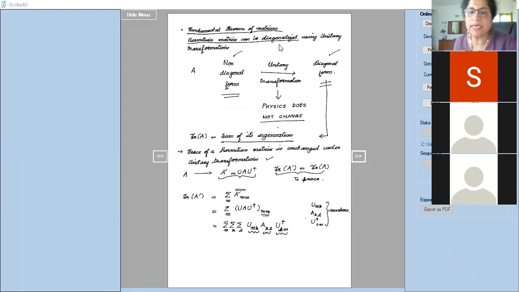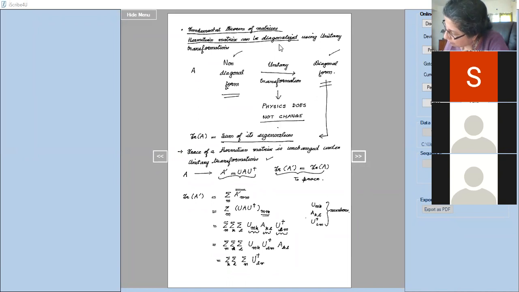I'm going to write this as summation over M, summation over K, summation over L. I'm going to pull the K summation and the L summation out, and write the terms as U LM, U dagger MK, and A KL.